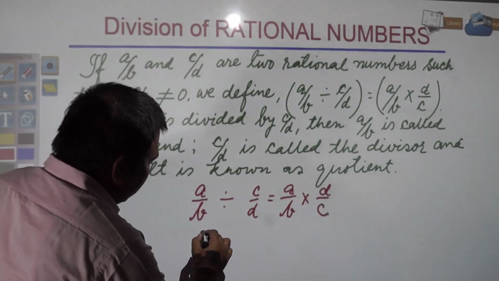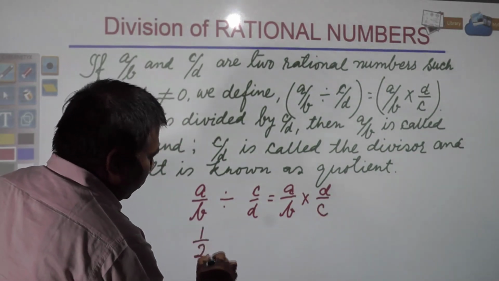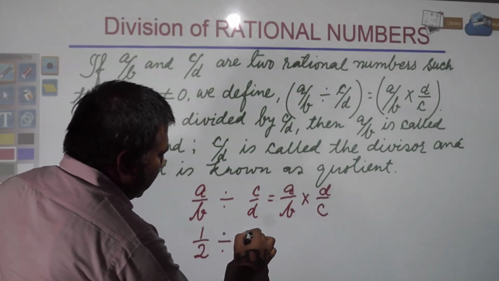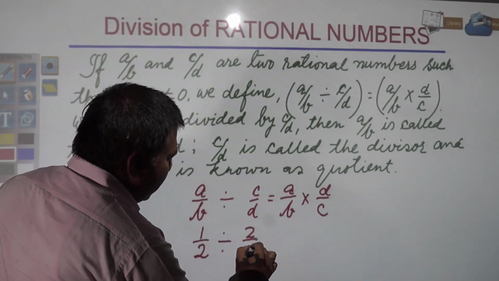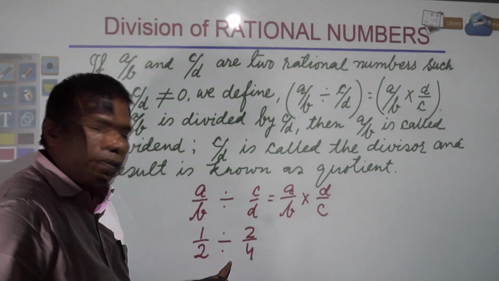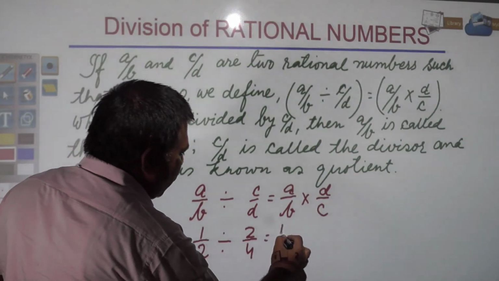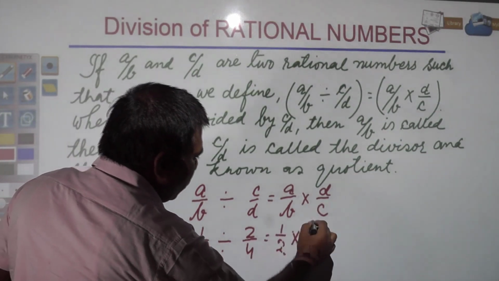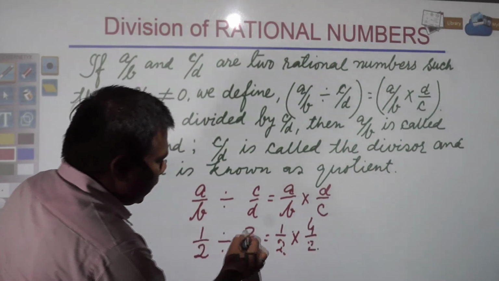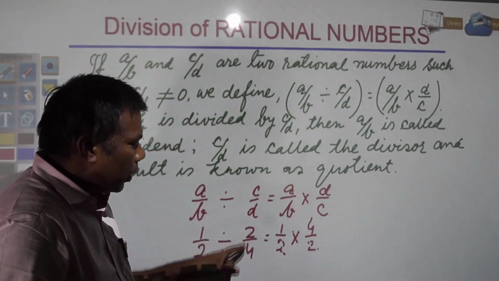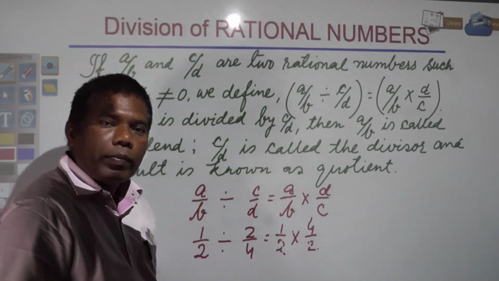Take any example, suppose 1 by 2 divided by 2 by 4. It can be written as 1 by 2 into 4 by 2, the inverse or reciprocal of 2 by 4 I have written as 4 by 2.